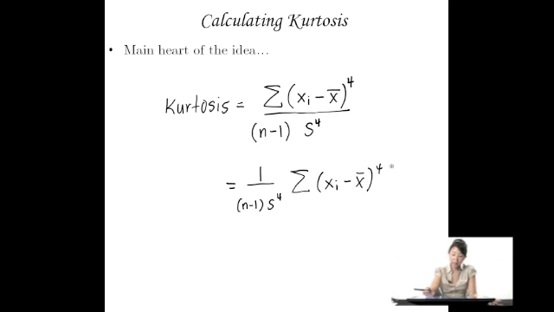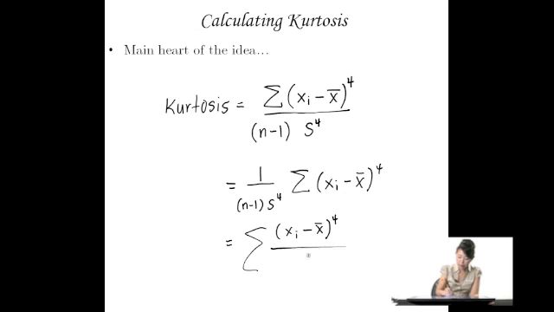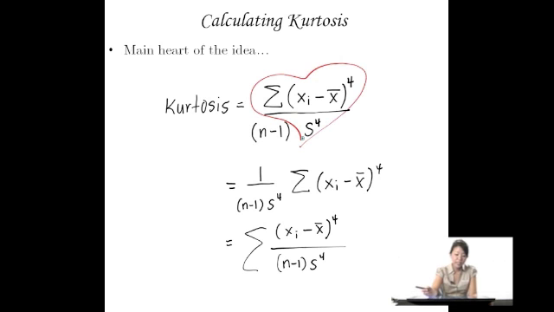So that's one way of writing it. Another way of writing it is you can make the sigma sign really big, x sub i minus the mean to the fourth power over n minus 1 times s to the fourth power, right? But all of these things are the same thing. And once again, this is really the heart of the idea of kurtosis.